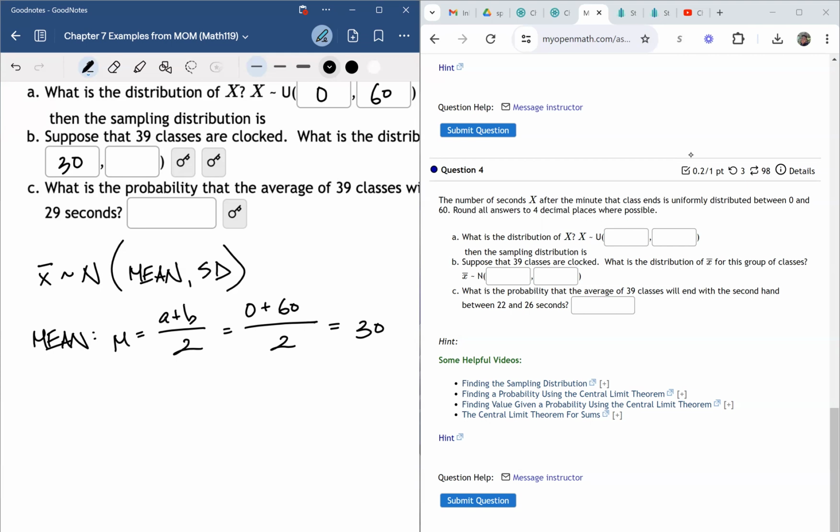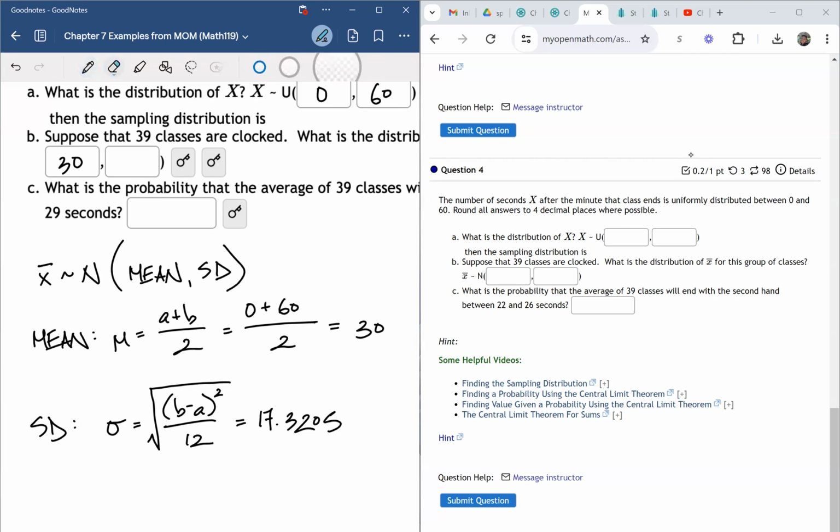To find our standard deviation, sigma, the equation from chapter 5 was the square root of b minus a squared over 12. When we type that into our calculator, we should end up with about 17.3205.